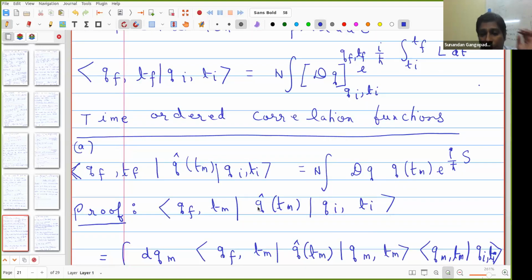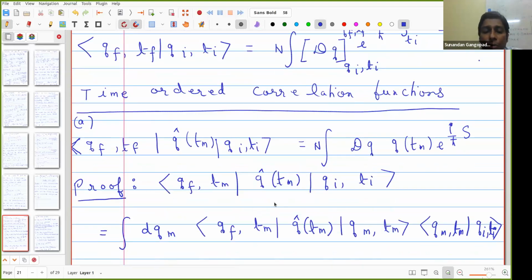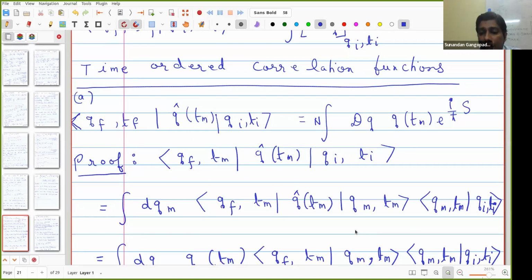So let us prove this result. How can we prove it? It's a simple proof. You take the left hand side and just insert an identity through the completeness relation at the time tm. So I insert an identity operator through the integral dqm, with q hat at tm, and this is my insertion, this identity operator along with this integral. Initially the integral was here; I have taken the integral outside.